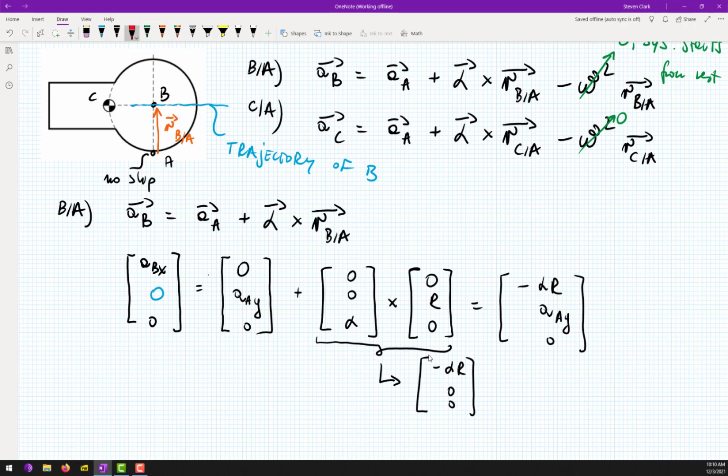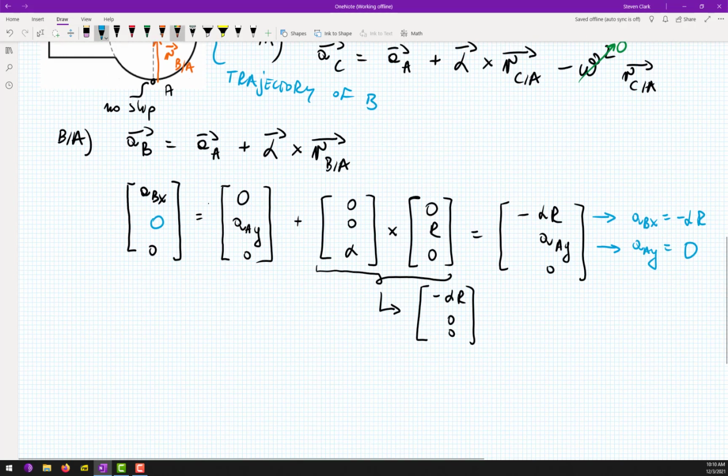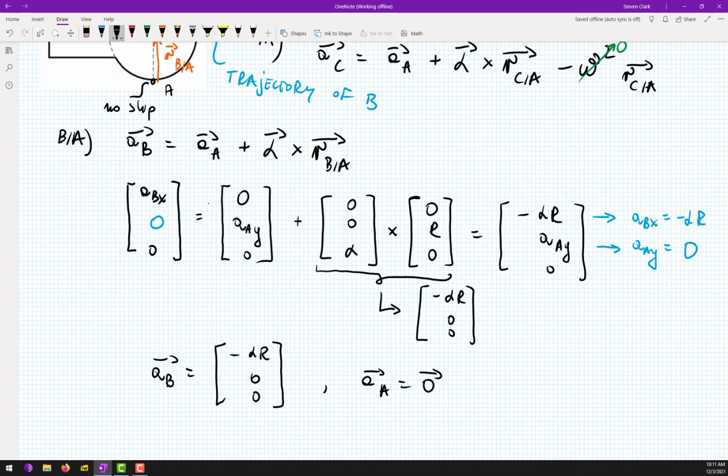And you can clearly see that from here we have that ABX is equal to minus alpha R and AAY is equal to 0, which was expected because the system starts from rest. So there will be no centrifugal acceleration at point A. So we have our AB equal to minus alpha R, 0, 0 and AA equal to 0 vector. Great. So now let's do our second acceleration analysis, unless there are questions.